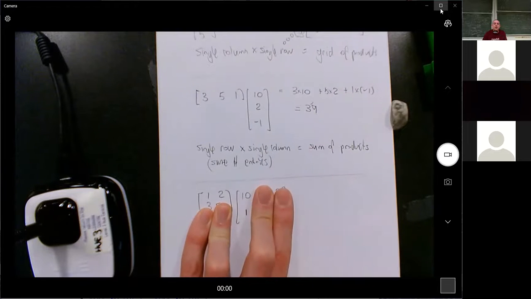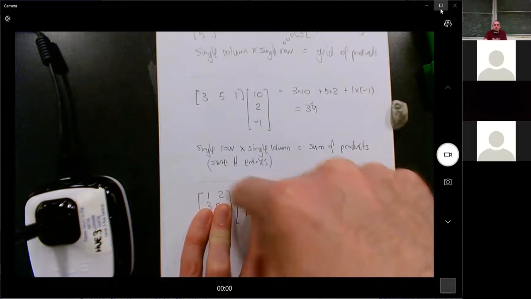We haven't got enough fingers. The first row and the first column, that would produce a sum of products. This times this plus this times this.